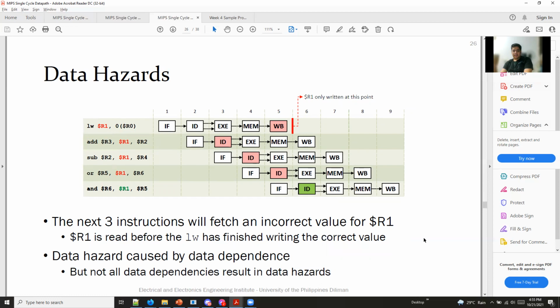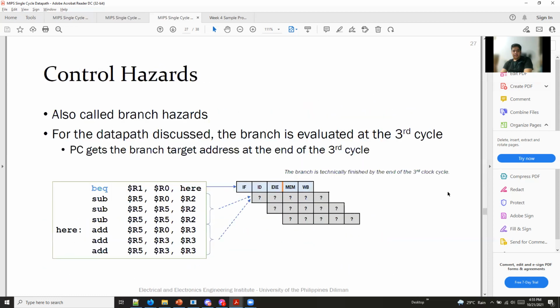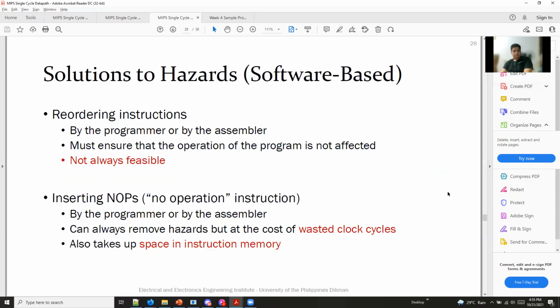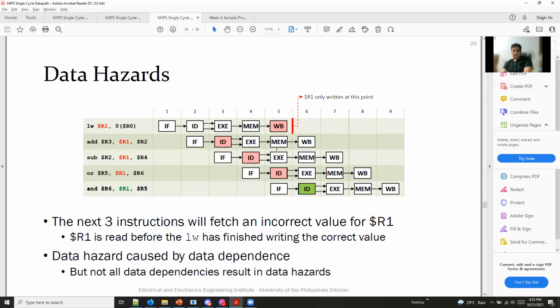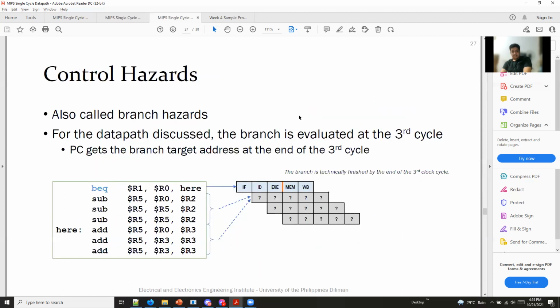So ano yung pwedeng gawin para maiwasan ng data hazard? Yung control hazard muna, siguro. So yun yung data hazard. So paano siya solusyonan later on sa slide set. Then sa control hazard naman, similarly, meron tayong branch operation.